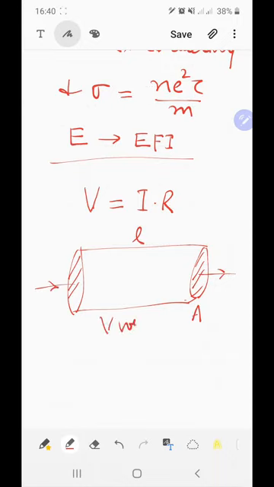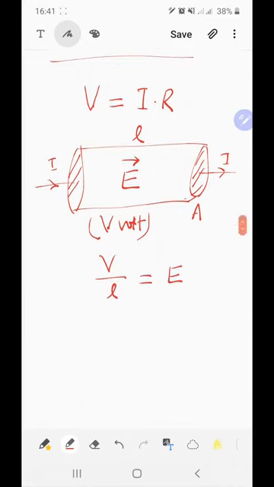As a result of this potential difference, an electric field E will be set up inside the conductor. If L is the length of the conductor and V is the potential difference, then you know that V divided by L, that is potential difference per unit length, will be equal to the electric field intensity.